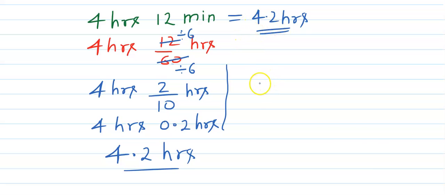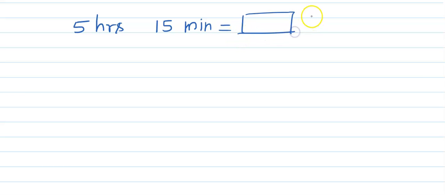Okay, let's see one more question now. If it is 5 hours 15 minutes and you need to write this in hours. This is already in hours, and this is in minutes.